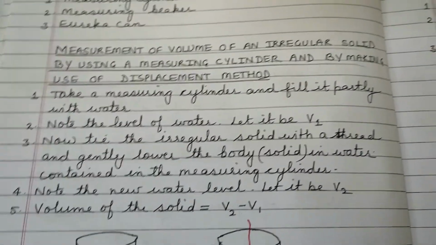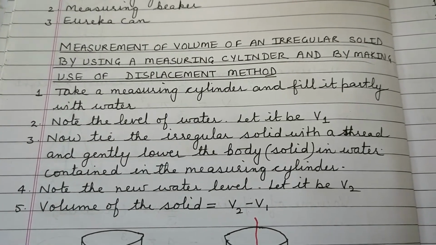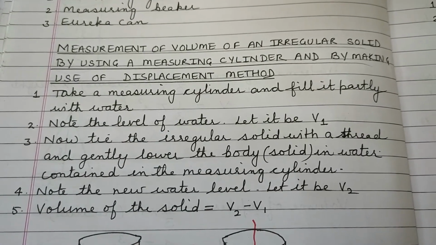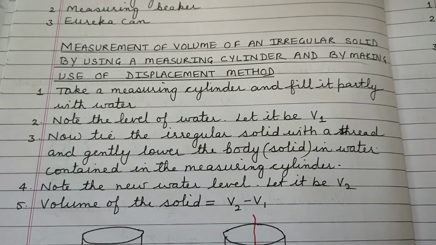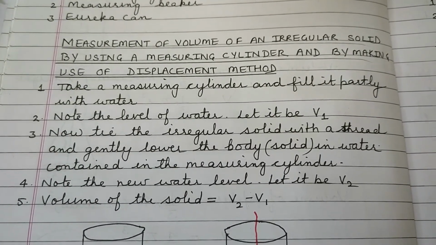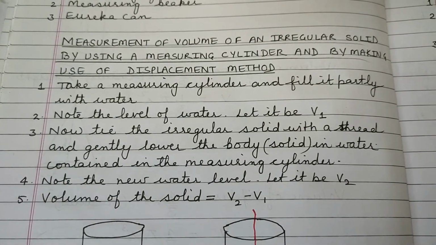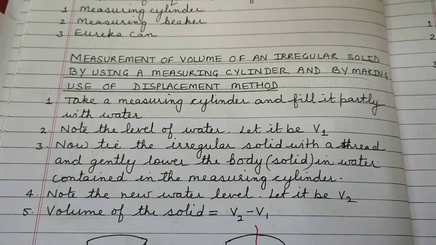To find the volume of an irregular solid, we use the displacement method, and for that we can use any one of the appliances, the vessel. I can do it by using a measuring cylinder, or I can find the volume by using a Eureka can, right? So one by one we are going to study that.